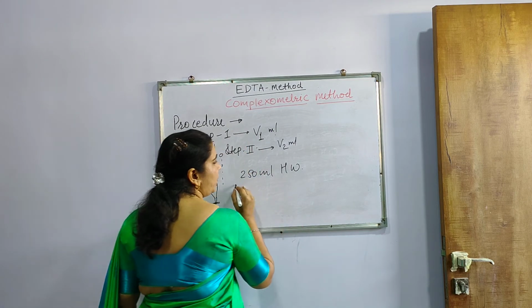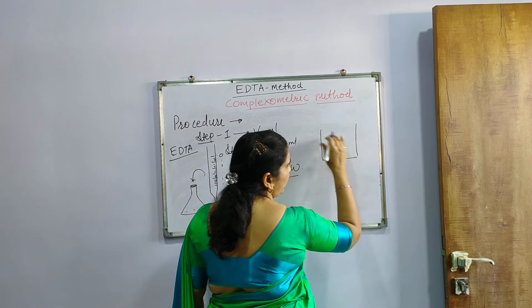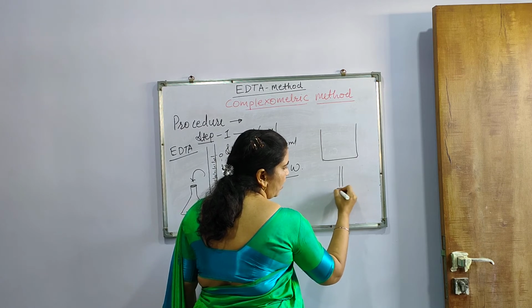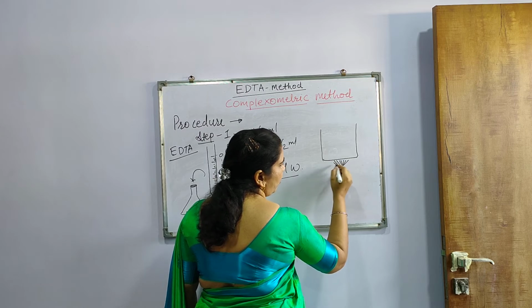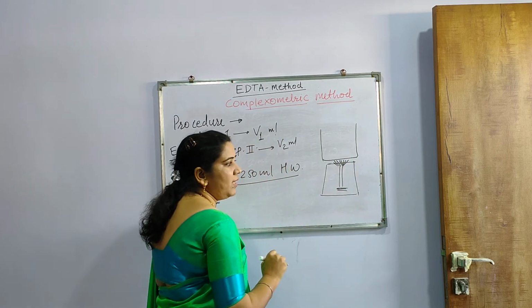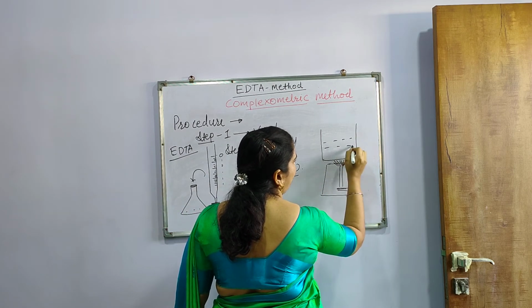So take 250 ml of hard water sample in a large container. We don't have to put any lid on it, and just carry out its boiling on this particular burner. So continuous boiling is there on this burner, and here there is the presence of water.